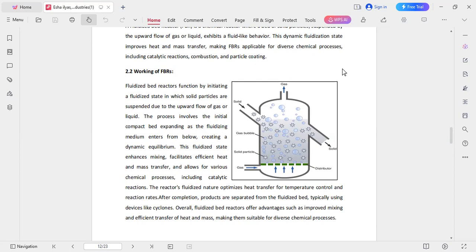The reactor's fluidized nature optimizes heat transfer for temperature control and reaction rates. After completion, products are separated from the fluidized bed, typically using devices like cyclones. Overall, fluidized bed reactors offer advantages such as improved mixing and efficient transfer of heat and mass, making them suitable for diverse chemical reactions. And there you can see the diagram of fluidized bed reactors.